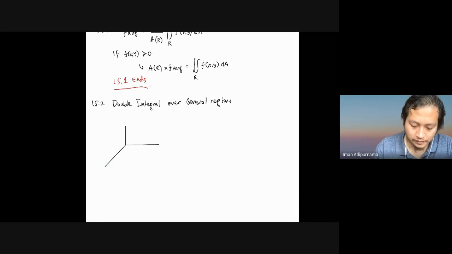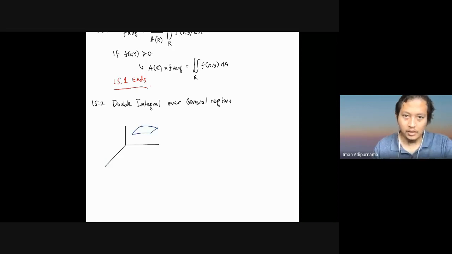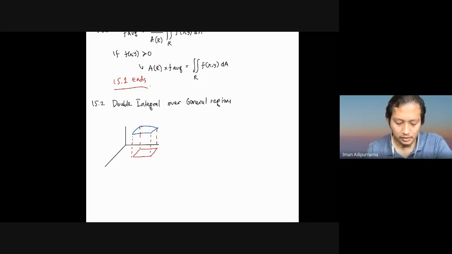Imagine you have a surface maybe here. Before, what you were doing is projecting to the xy plane, making the projections, right? And then making the rectangle.